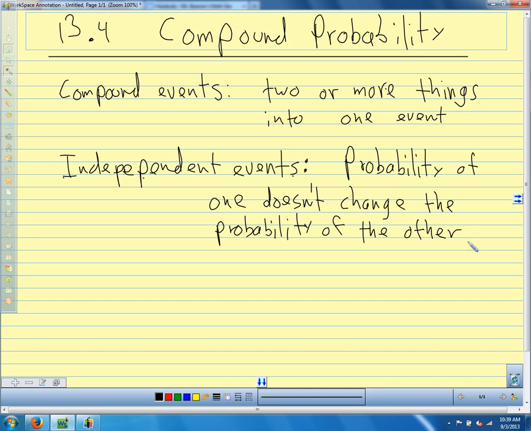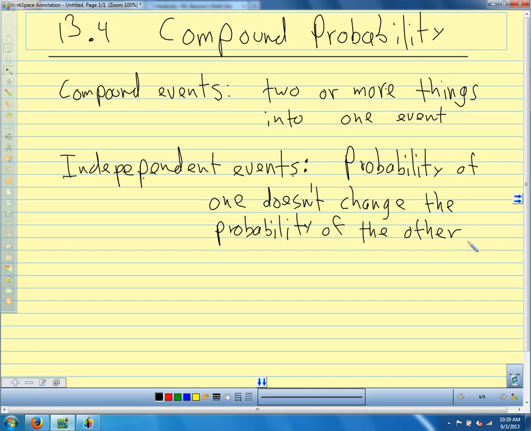Like our opener, the probability of rolling a 6 on a die and drawing a queen out of a deck of cards: rolling the die doesn't affect the cards at all. It doesn't change anything that we do with the cards. So we would call those independent events.